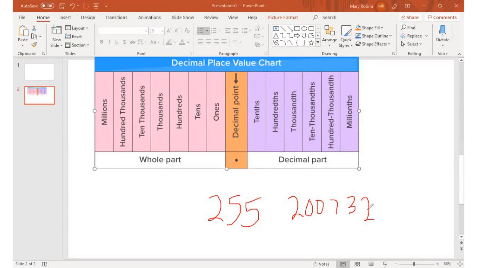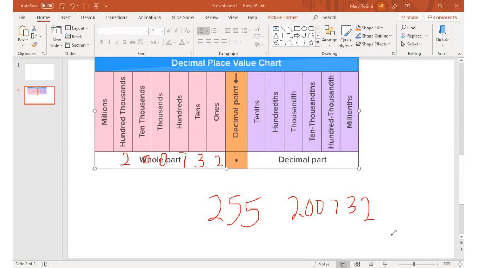So if I count my numbers from the last place here, I've got 1, 2, 3, 4, 5, 6. So there are 6 numbers before this point here. So I'm going to write a 2 there. I'm going to write a 3 there, a 7 here, a 0 here, another 0 here, and a 2 here.